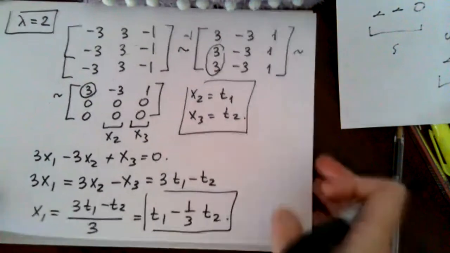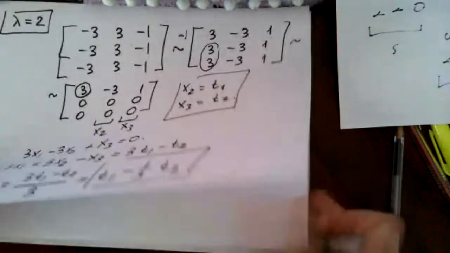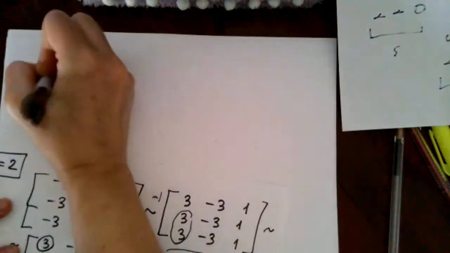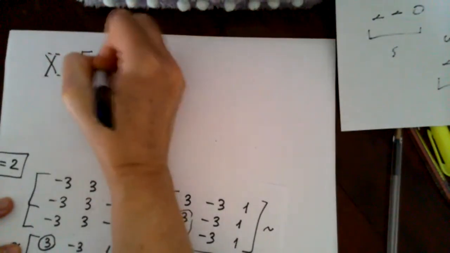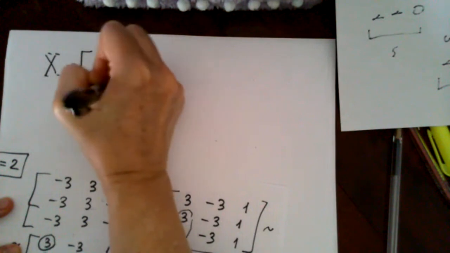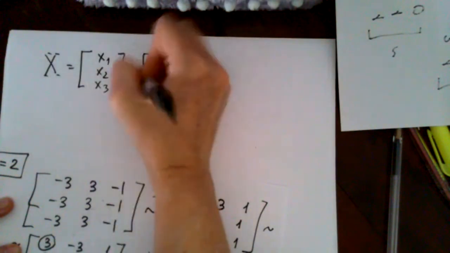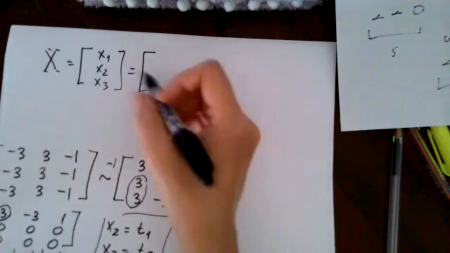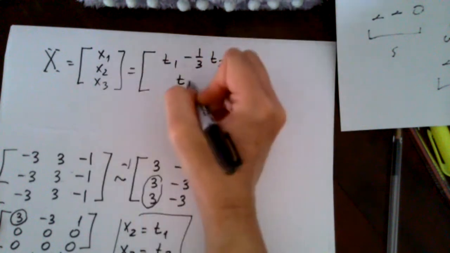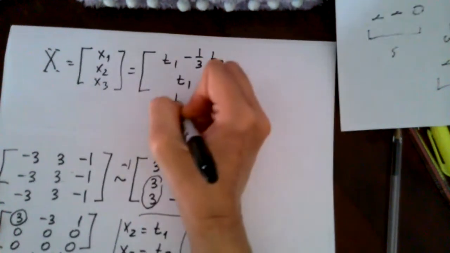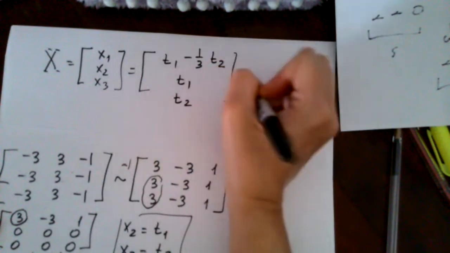And it's time to start manipulating the whole solution of our system. So the solution should be written as x capital, which is the column of our variables x1, x2, x3. And now we need to substitute our results. So x1 is equal to t1 minus 1 over 3 t2, x2 was denoted as t1, and x3 was denoted as t2.